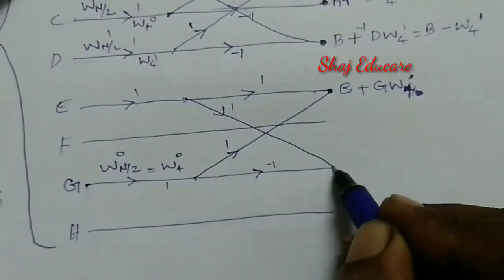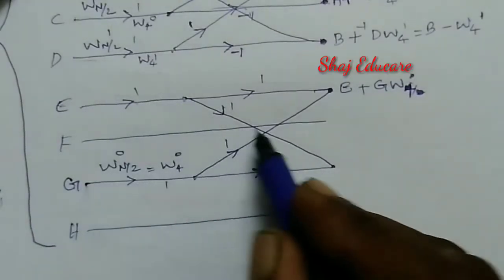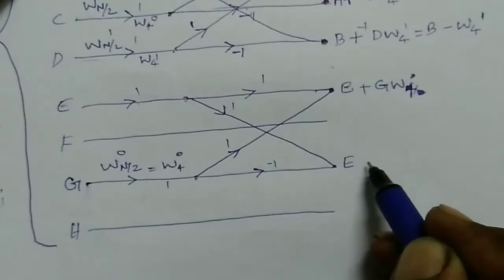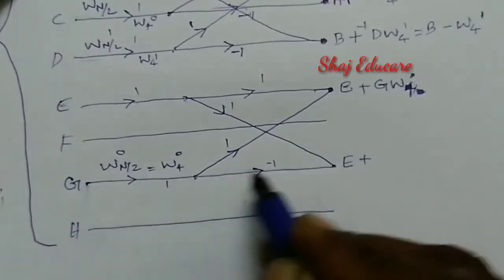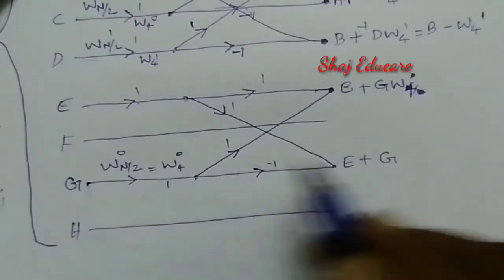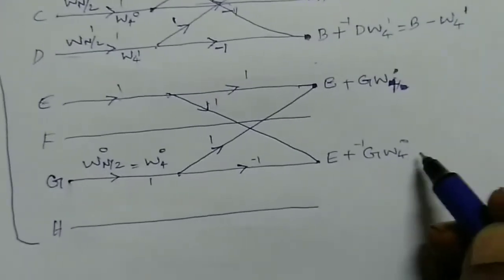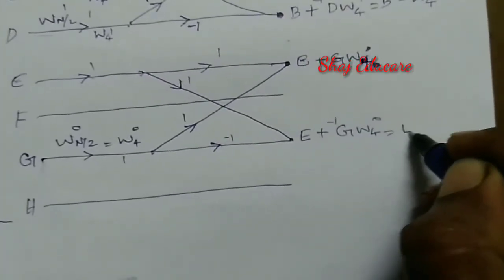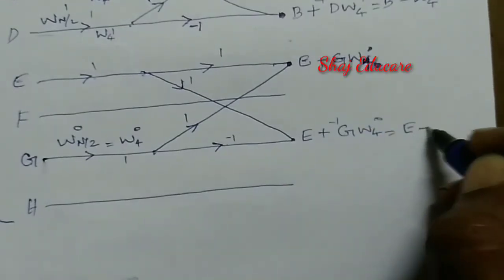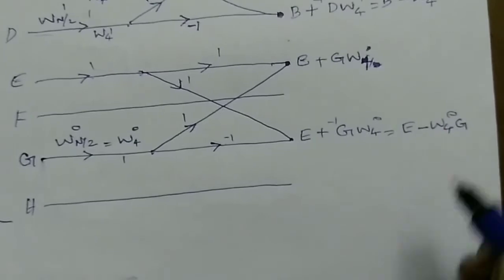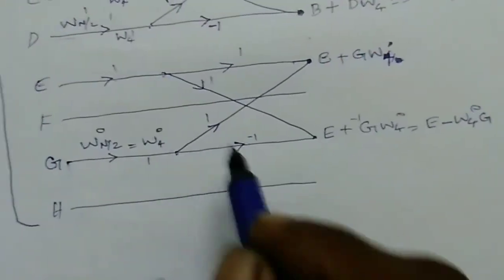And similarly here also E into 1 becomes E, plus G into W_4 raised to 0 into minus 1. Here also plus into minus becomes minus, so E minus W_4 raised to 0 into G.